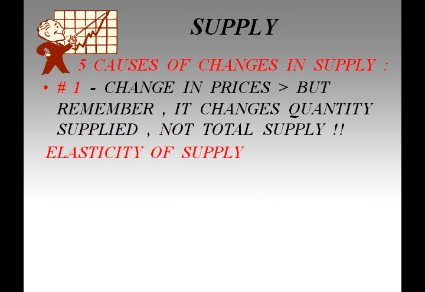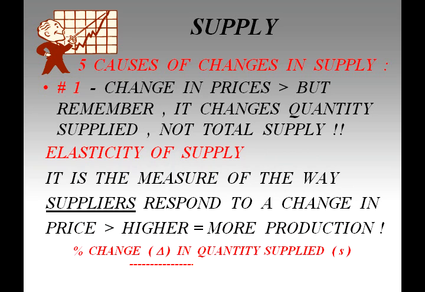Now, with regard to elasticity or sensitivity to price changes, the same type of rules apply to the concept of supply to a market, generally as applied to demand, meaning the measure of the way suppliers respond to a change in price, meaning a higher price, more production, is the same that we look at in the demand chapter.